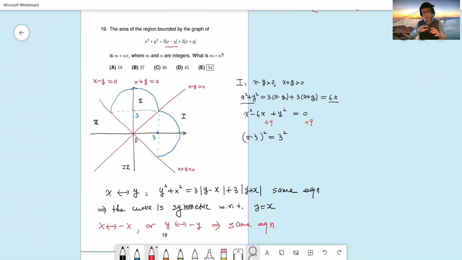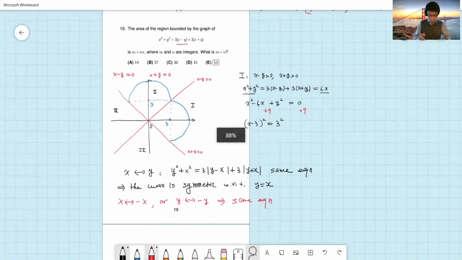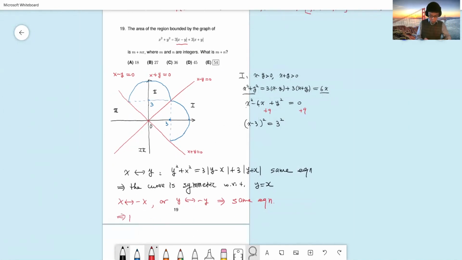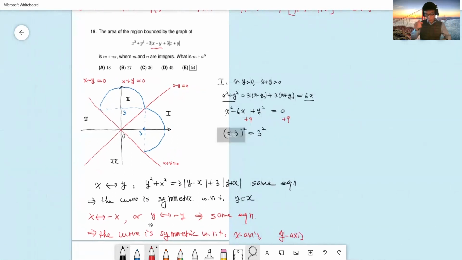That means the curve is symmetric with respect to the x-axis and the y-axis. So from here, we can just draw the other branches of the curve. This is also a semicircle of radius 3. This is also a semicircle of radius 3. So this is the complete curve.